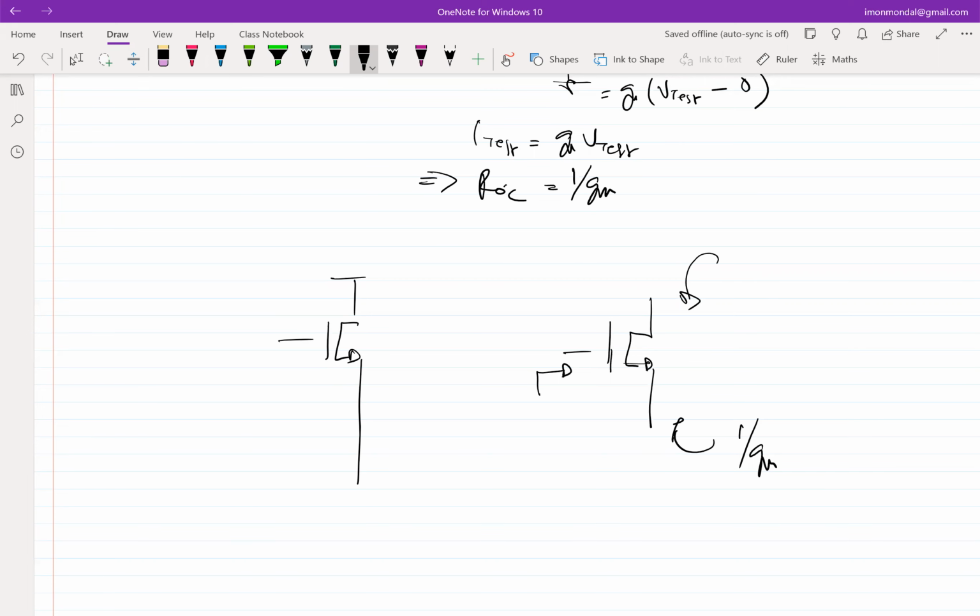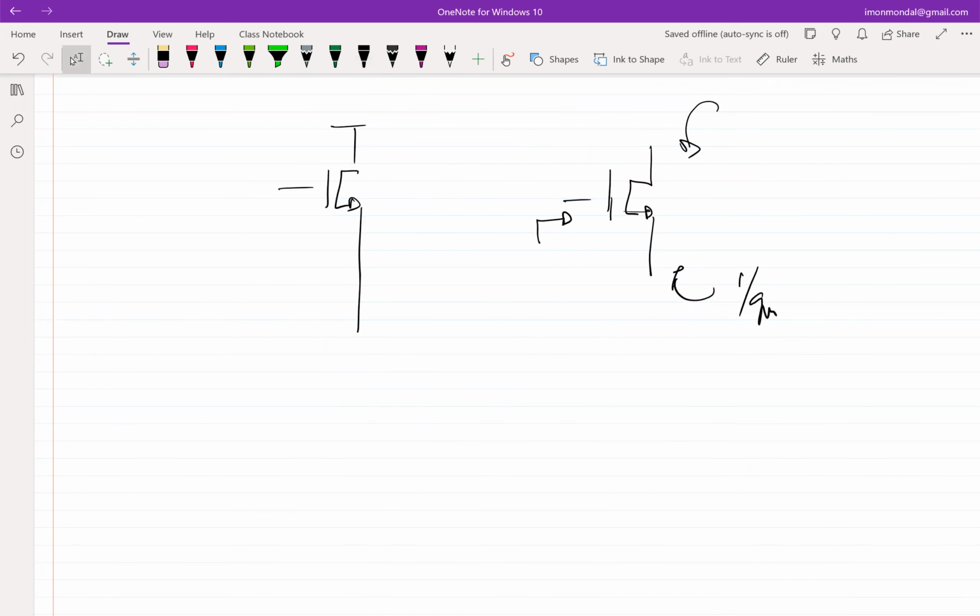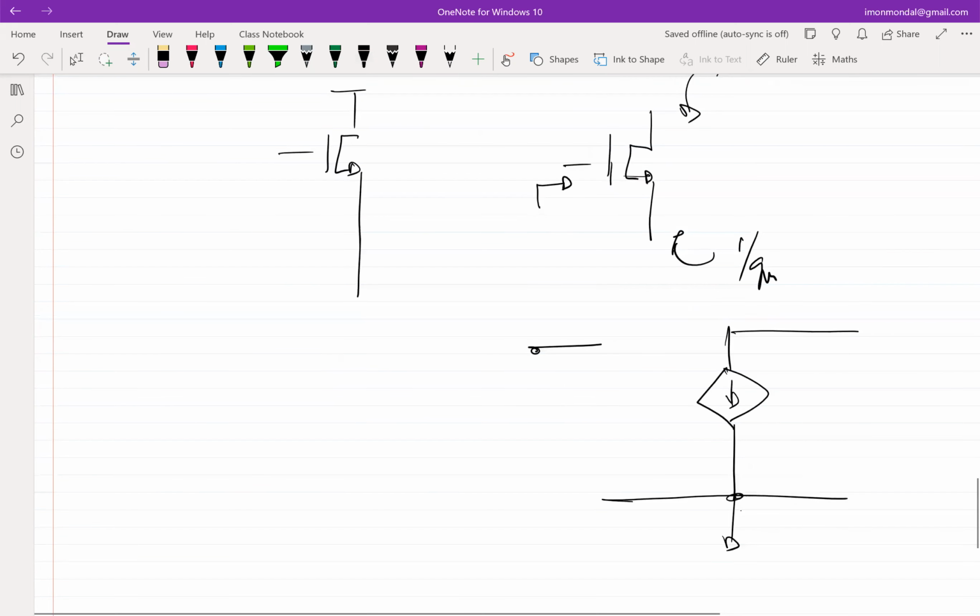What is the incremental model of a transistor? It would have been 1 by GM if you had connected these two, right?